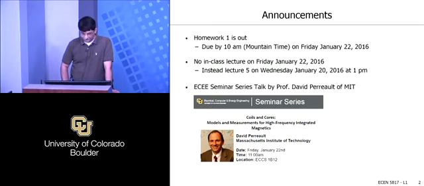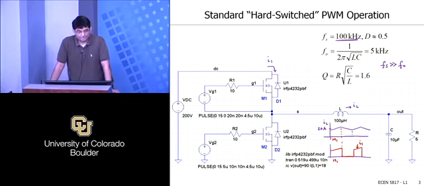All right. This is what we were talking about last time. The particular converter we had picked essentially looks just like a synchronous buck, and we were operating it like a PWM hard switched converter.